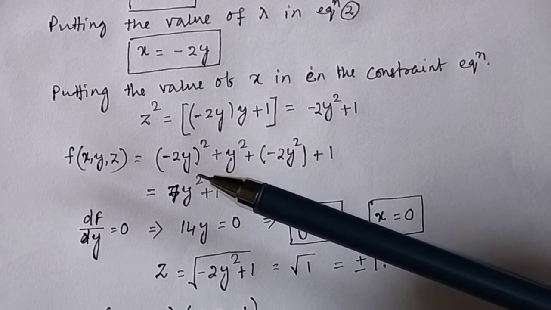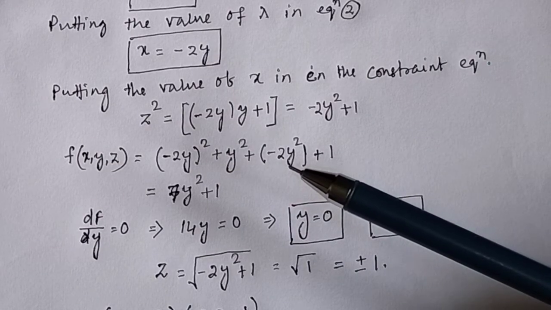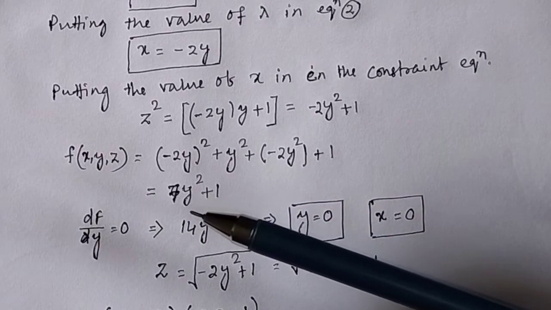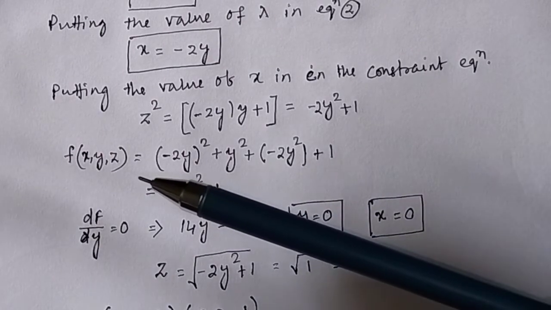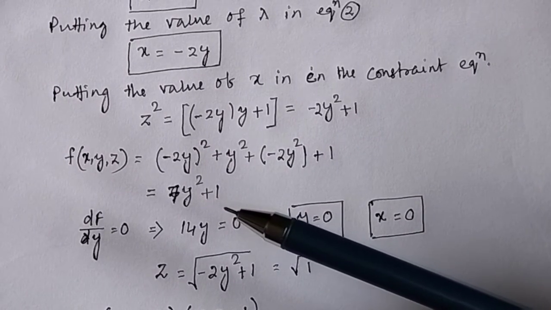If you simplify it, this is 4y² + 2y² ... so 6y², then plus y², 7y² + 1. So the function will be equal to 7y² + 1.